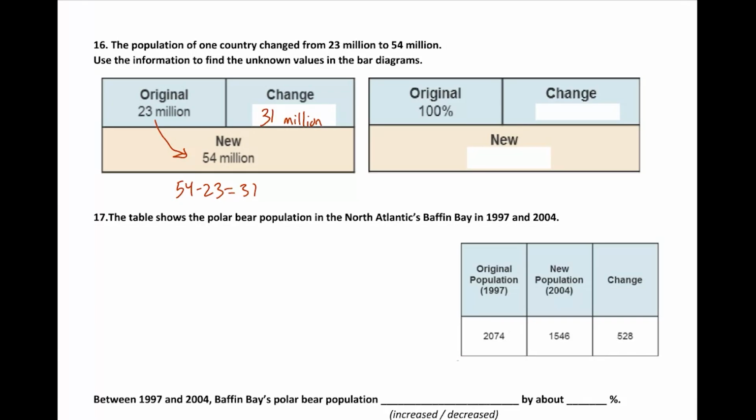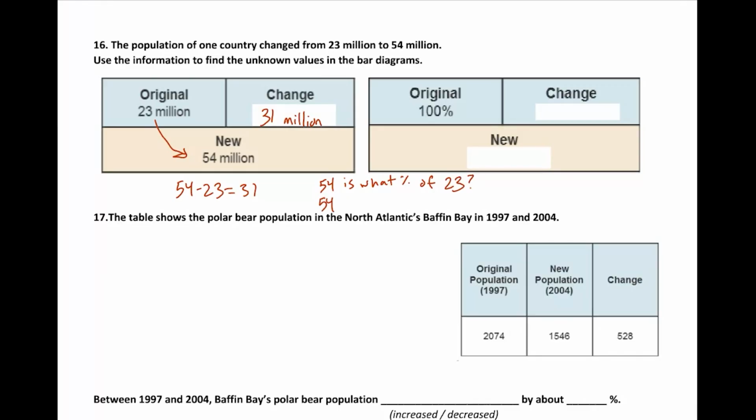So this one's a little trickier, because we're actually trying to find the percent here. So we want to know what percent. So maybe I'll write it out like this. 54 is what percent of 23?